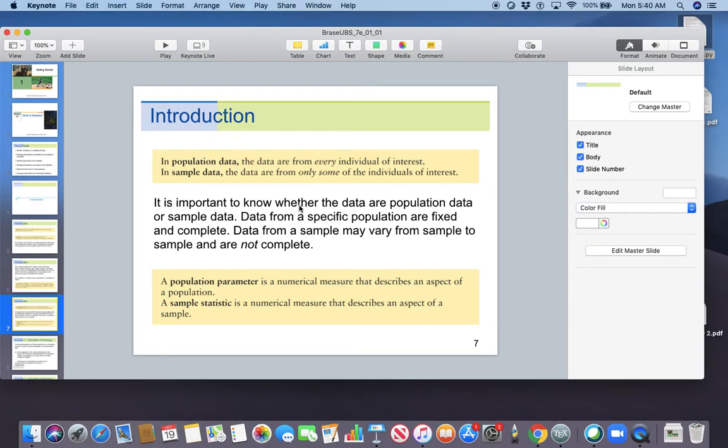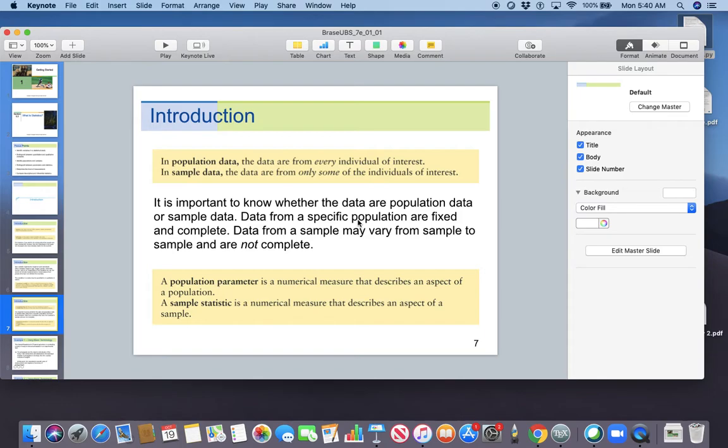It is important to know whether the data are population data or sample data. Data from a specific population are fixed and complete. Data from a sample may vary from sample to sample and are not complete. So you understand the distinction. Say I want to study heights of all the people who climbed Mount Everest.